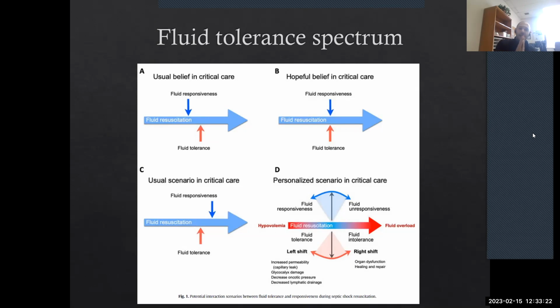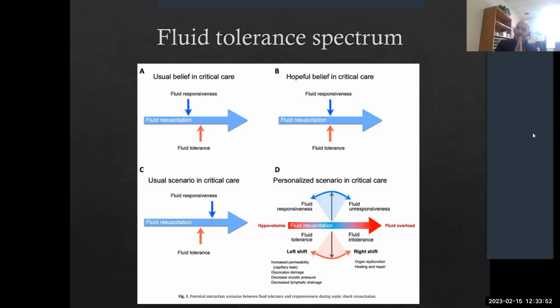However, what we often find is that someone may end up improving their cardiac output with further fluid, but that fluid may cause pulmonary edema, congestion, or other signs of organ dysfunction, in which case the degree of tolerance, or the point at which the patient stops being fluid tolerant, is actually earlier than they are no longer fluid responsive. And ultimately, what we see is that these parameters change for a patient.